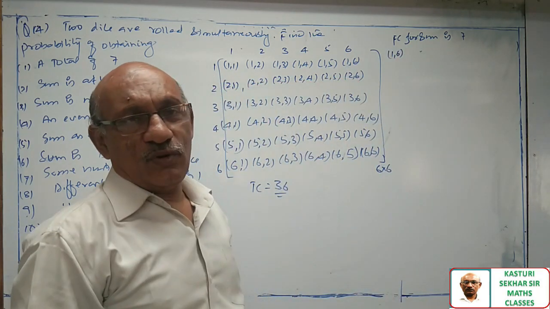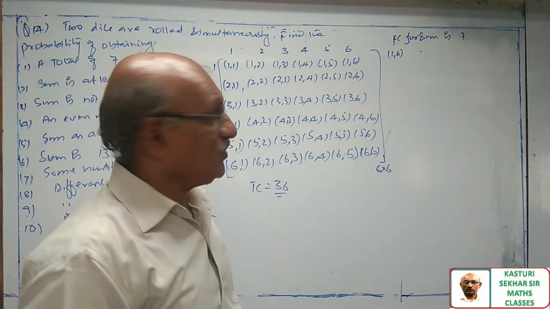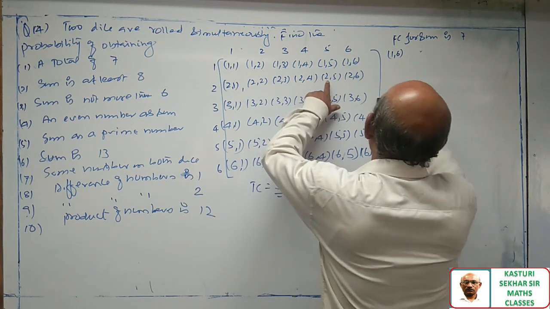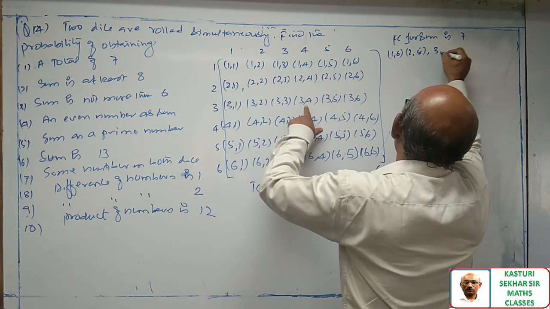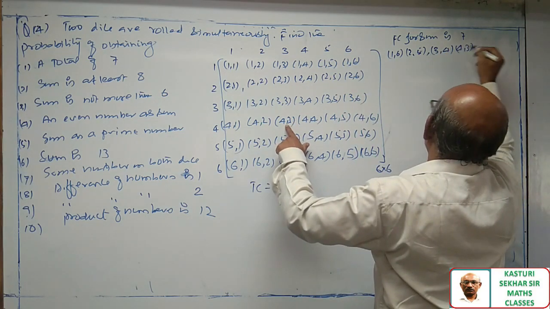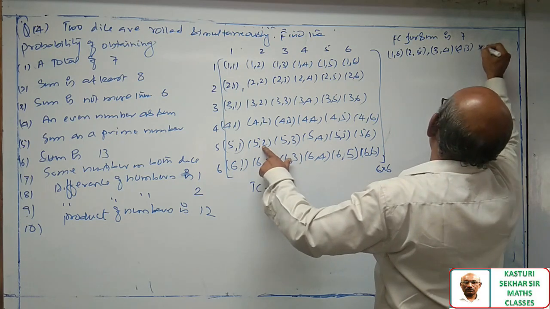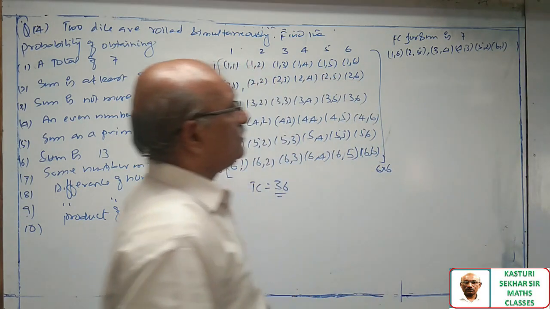The cases supporting a sum of 7 are 1 comma 6 in the first row, 2 comma 5 in the second row, 3 comma 4 in the third row, 4 comma 3 in the fourth row, 5 comma 2 in the fifth row, 6 comma 1 in the sixth row.